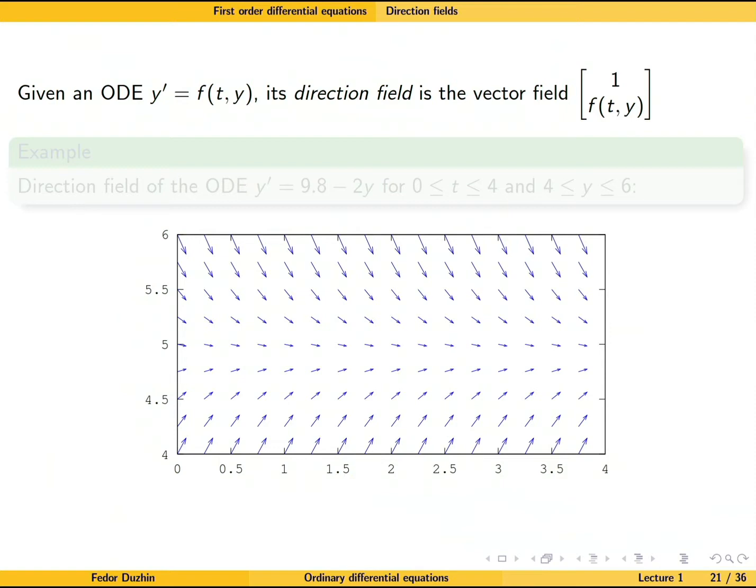By definition, the direction field of an ordinary differential equation, y prime equals f of t, y, is the vector field whose first component is 1 and second component is f. If you still remember your calculus 3, we can also write it as i plus f j. So the first component of the vector field is 1 and the second is f.